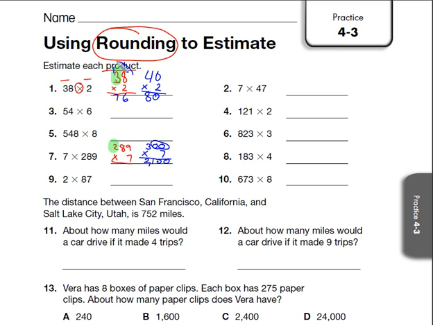So if you want to go through and for each problem do both the estimate and the actual, then you just have to do the practice side. If you want to go through and just do all the estimating and not do the actual problem, then you have to do the practice and the reteach side, both sides of your homework page. So I'm going to let you decide which one you're going to do, whether or not you're going to estimate and do the actual problem or just do the estimating.